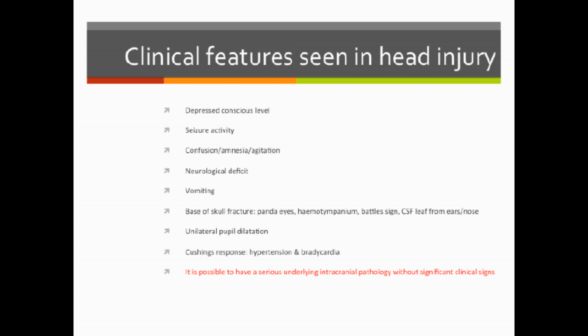The other sign you sometimes see is when the CSF leak soaks into a white sheet, you see a chromatography effect, whereby the blood and the CSF separates out, and that can also be a subtle sign that the fluid you're seeing is CSF. If you're unsure whether it's CSF or not, the safest thing to do is to assume that it is and investigate further.